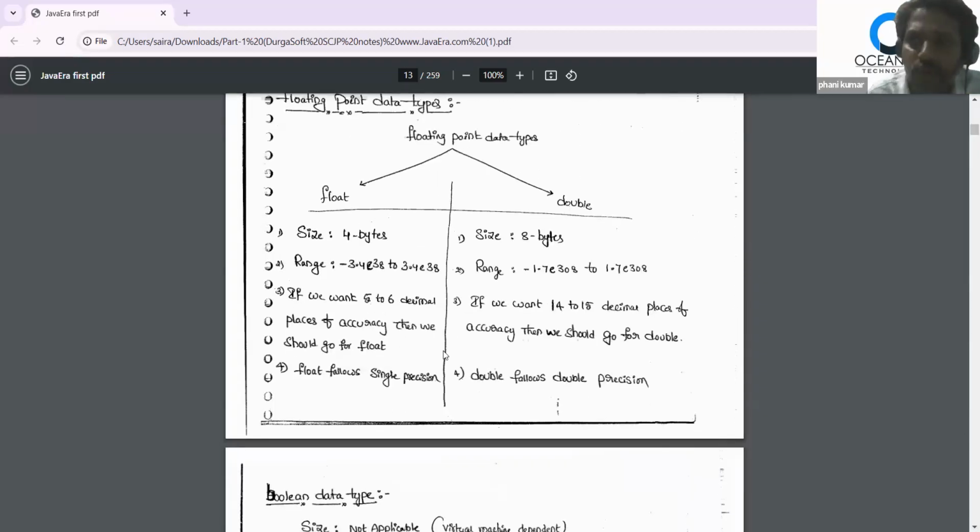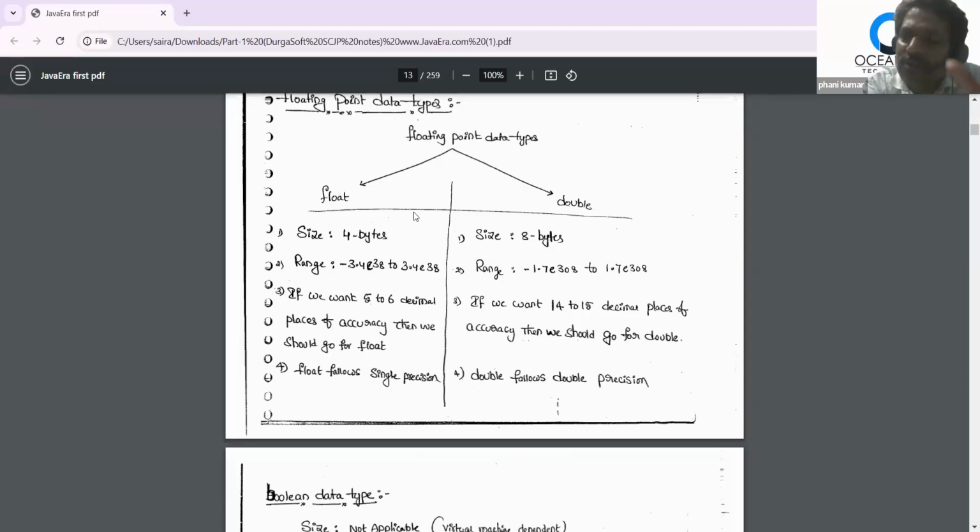Float means a value with decimal places. The previous 4 types are numerical types, meaning integer types. Integer means a number without decimal places, but float means real values, a number with decimal places.